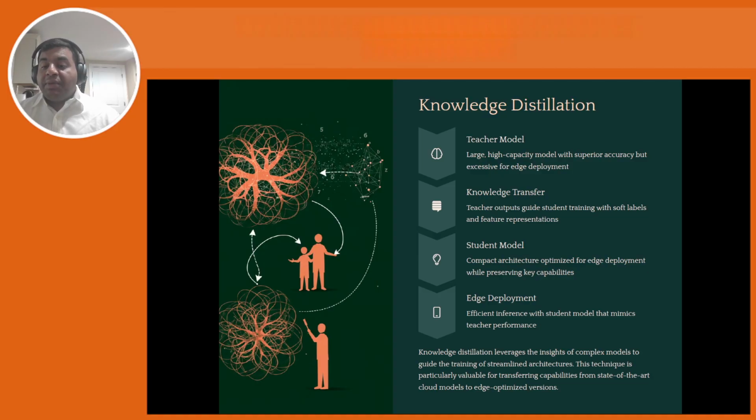The knowledge transfer happens by using the teacher's output, often soft labels or probability distributions over classes, and sometimes its internal feature representations, to guide the student's training. The result is a student model optimized for edge deployment that preserves key capabilities learned from the teacher, enabling efficient inference. On the edge, it's always about very specific tasks. So we have this big teacher model training a smaller student model, which can be deployed at the edge.